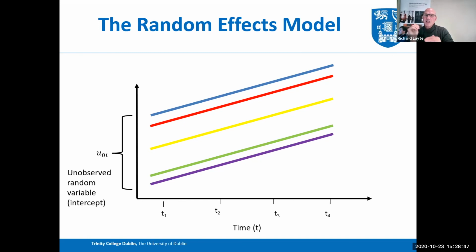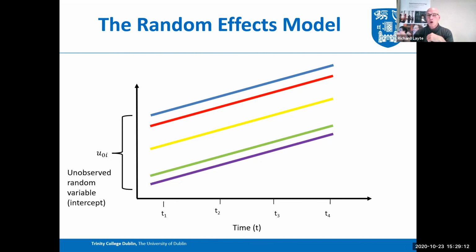And we can take account of the difference in the mean weights of these children, the intercepts for these children, using an unobserved random variable, okay? So it's an unobserved random intercept. And the assumption is that we're drawing that from some distribution of a population, all right? So we've got an underlying population and we're drawing a random sample from it.